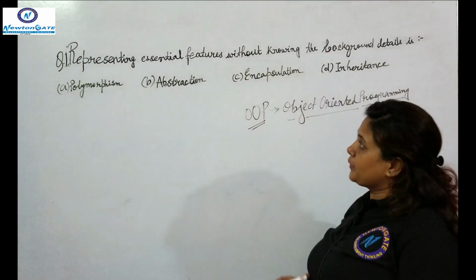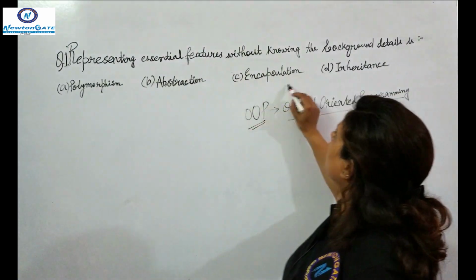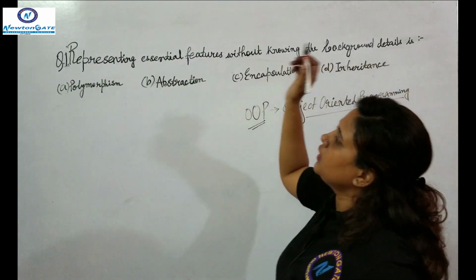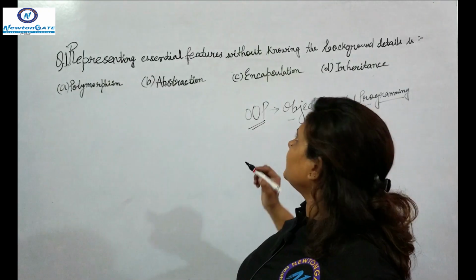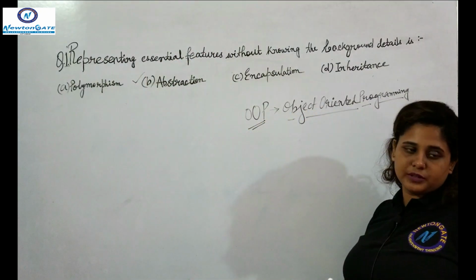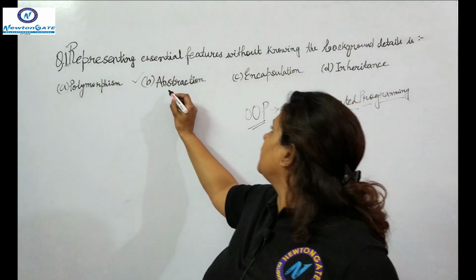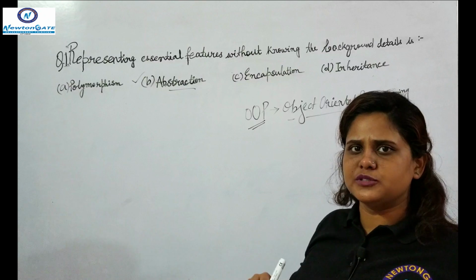Clear? Okay. So now there are 4 main pillars of this OOP. So according to the 4 pillars we know, here the answer will be B. The correct answer will be option number B. Okay. So that is our abstraction.